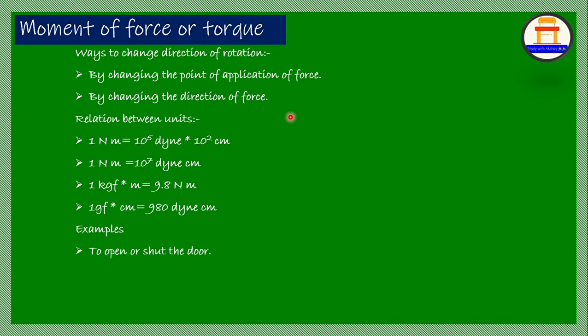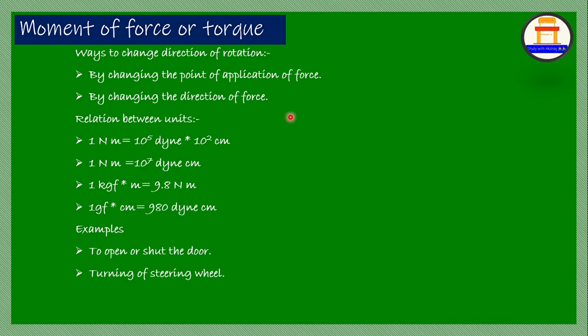What are the examples? To open or shut the door, we use moment of force. The perpendicular distance between the handle and the hinges, and the force you apply on the handle to open or shut the door, is a form of moment of force.